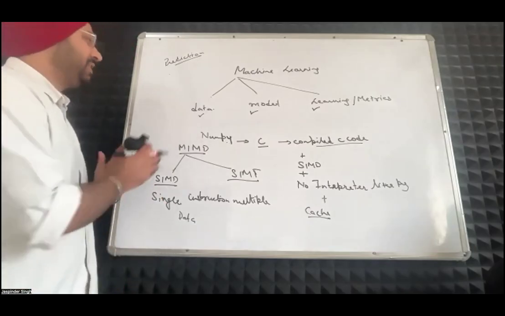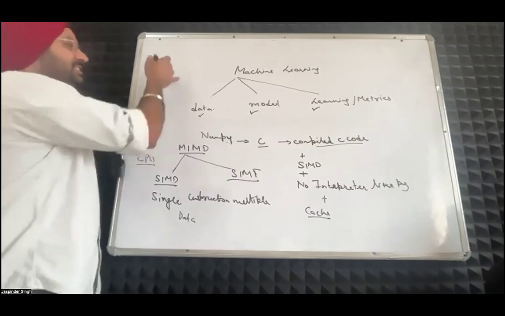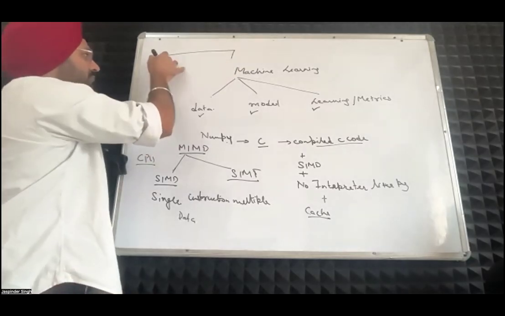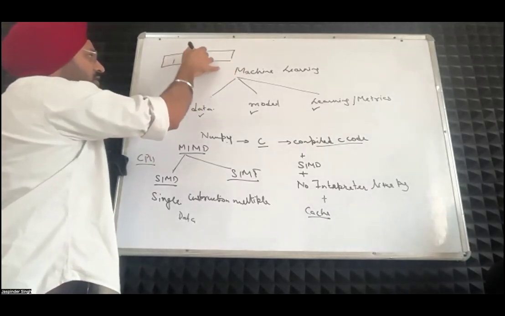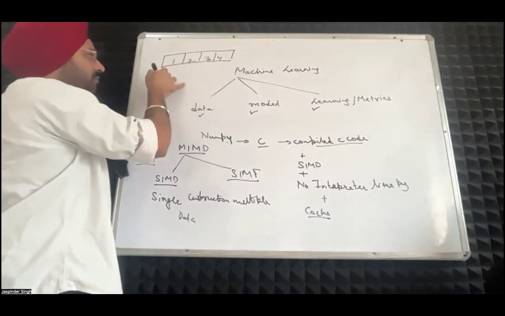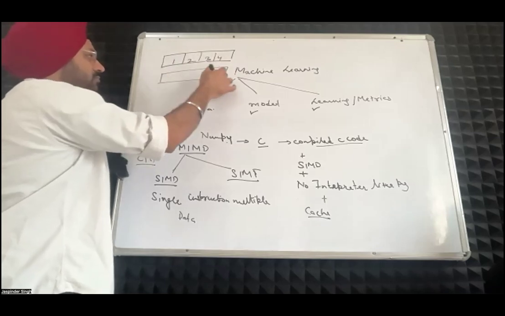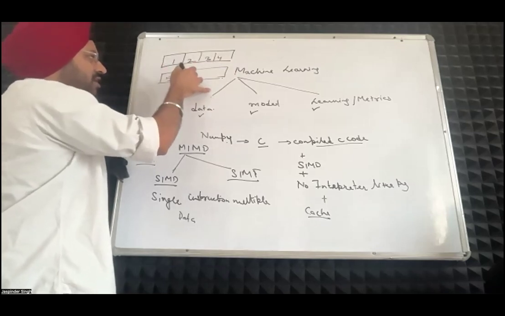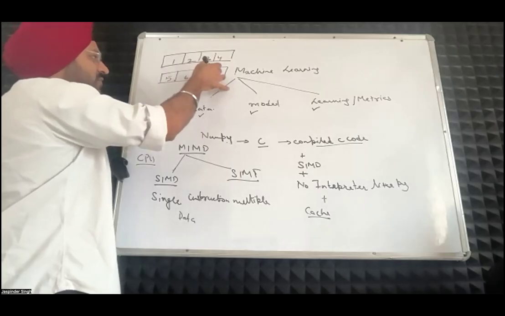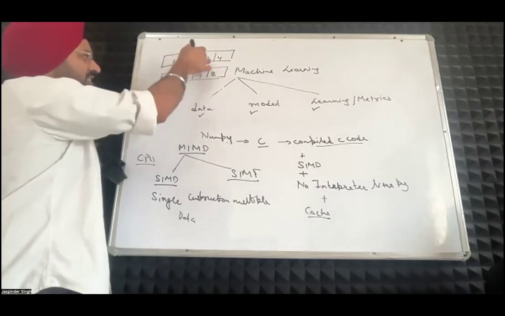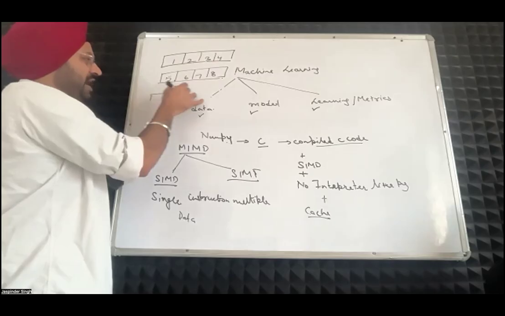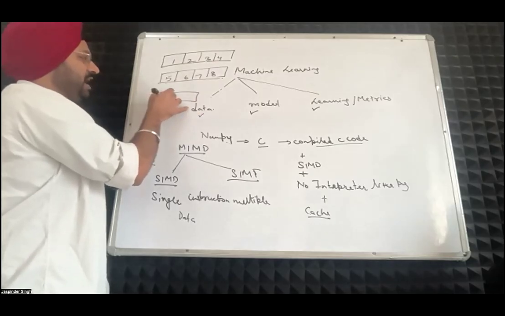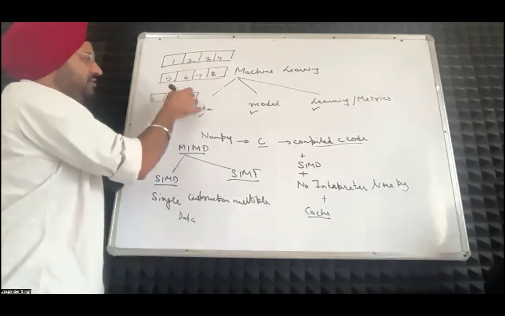Let's see it in action a little bit. If we have an array, 1, 2, 3, 4, and we have another array or list, 5, 6, 7, 8, and we want 1 plus 5, 2 plus 6, 3 plus 7, 4 plus 8, and the result should be 6, 8, 10, and 12.